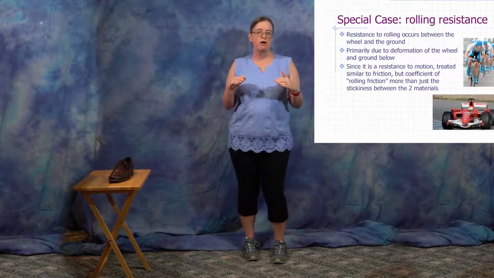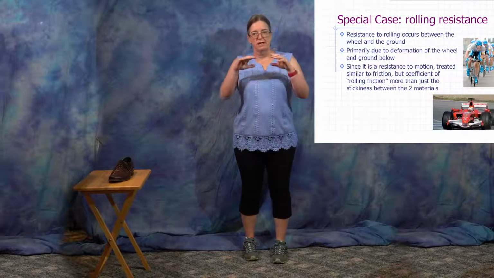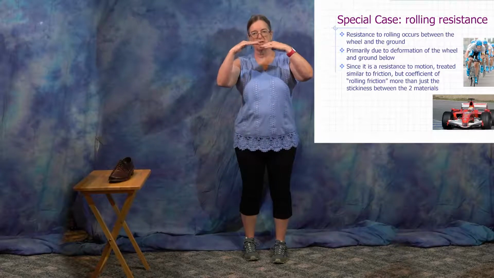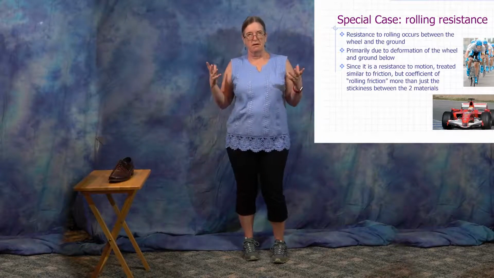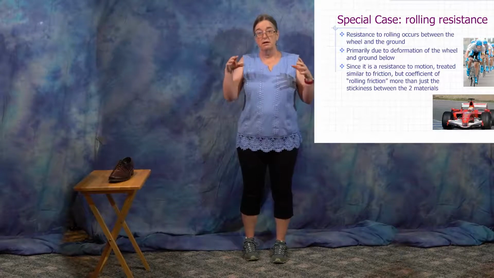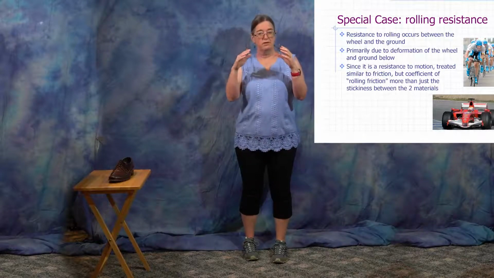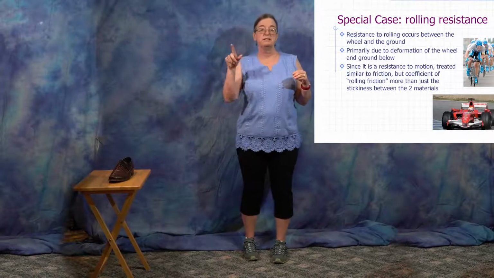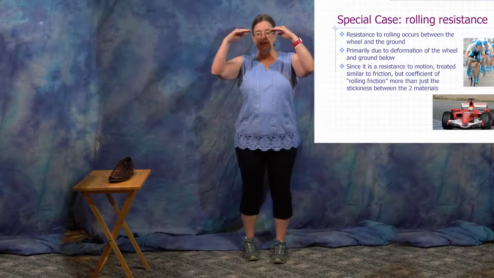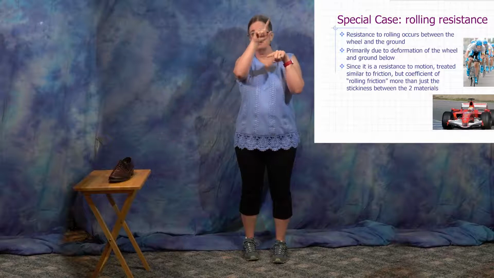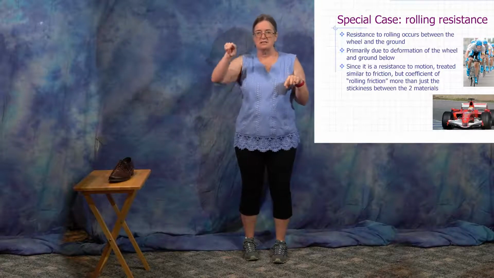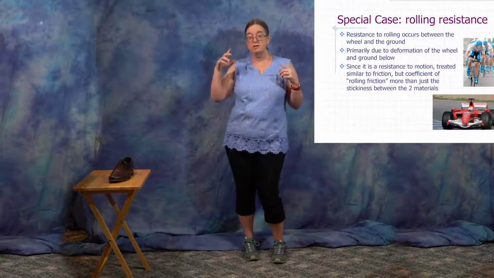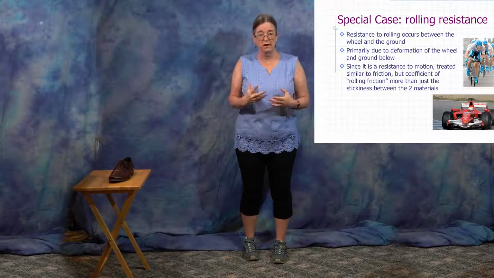Again, not all because of friction. Some of it has to do with the deformation of the wheel. Whether it's very noticeable or not, certainly with a tire, you can see there's sort of a flat section. It doesn't stay instantaneous, depending on how much air you have in your tire.